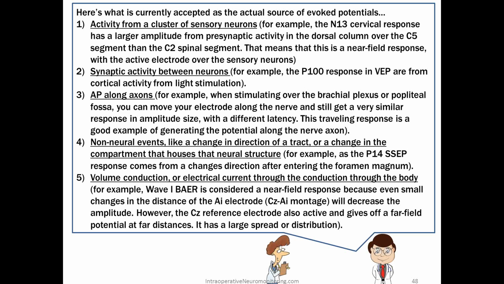It has a larger spread or distribution. So wave 1 of ABR is classically known as a near field response, but it does also have far field response from this active CZ area that has a large distribution of activity.